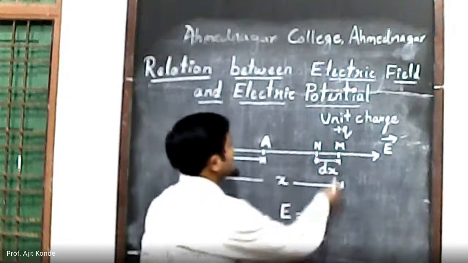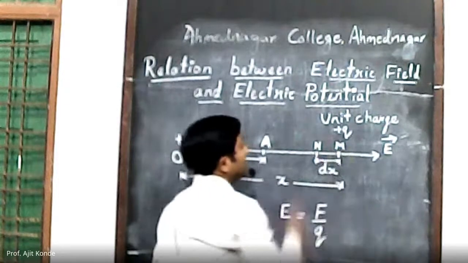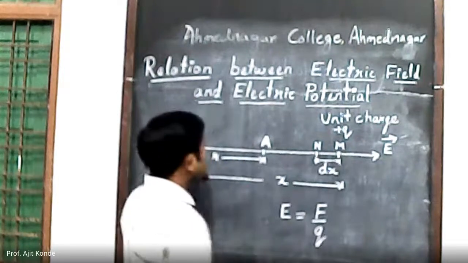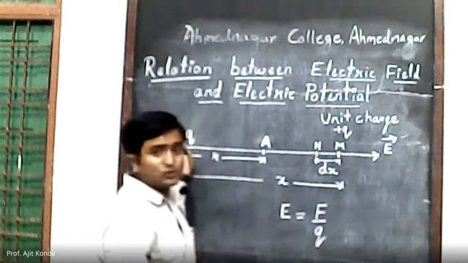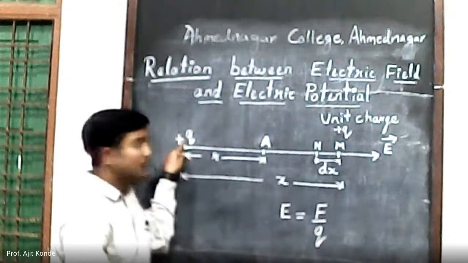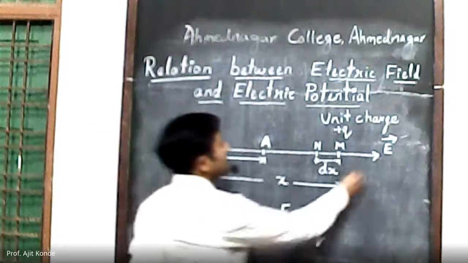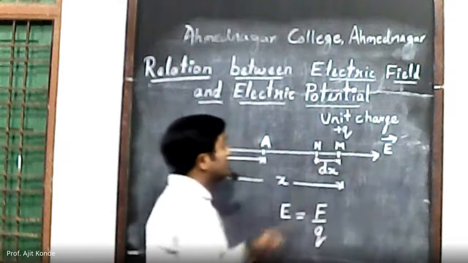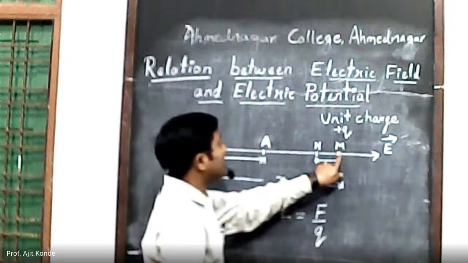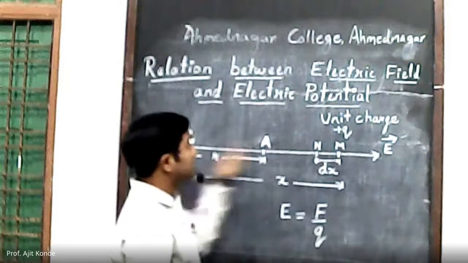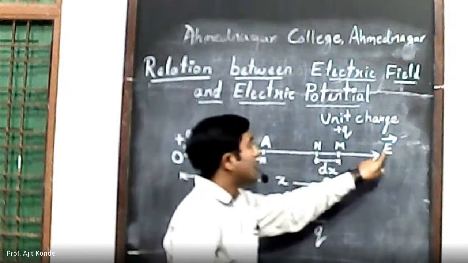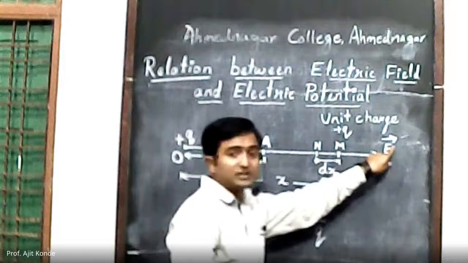Now, the charge is at point M. There will be an electric field acting at point M due to the plus Q charge, and that will be in the outward direction. The electric field at point M due to plus charge Q acts outward, which is represented by E bar.